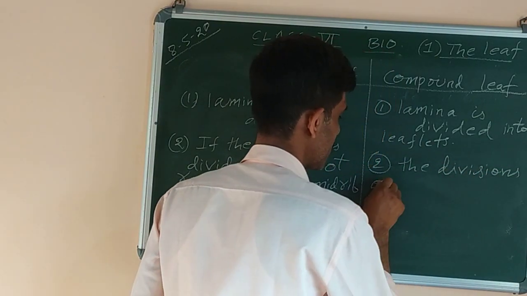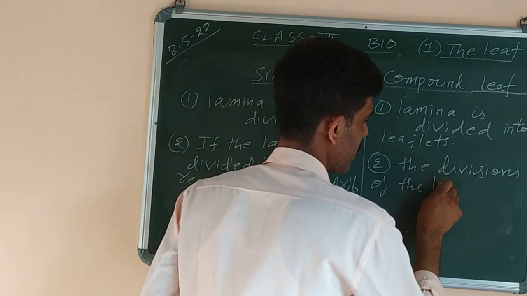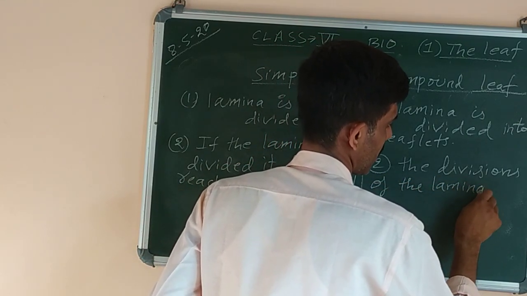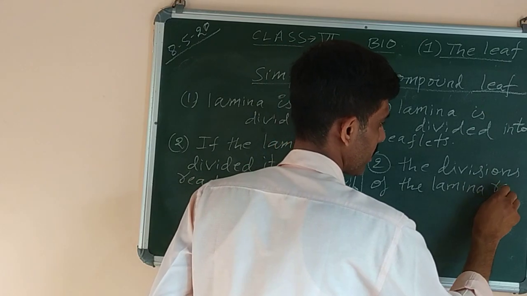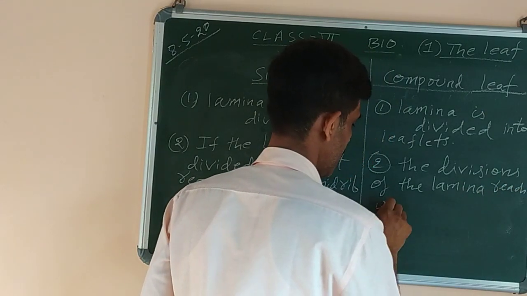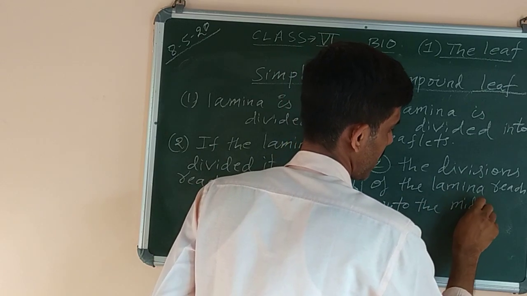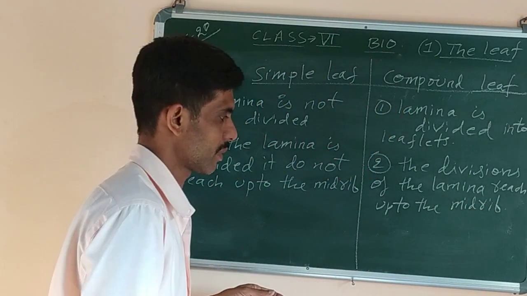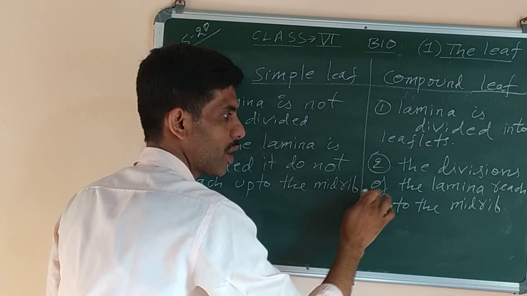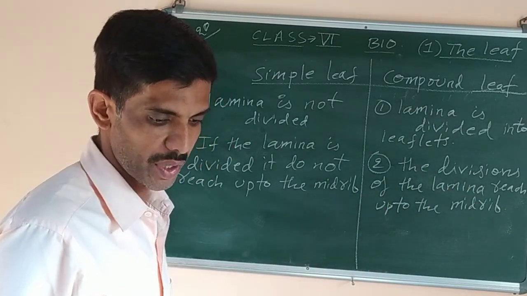Got it? The divisions of the lamina reach up to the midrib.